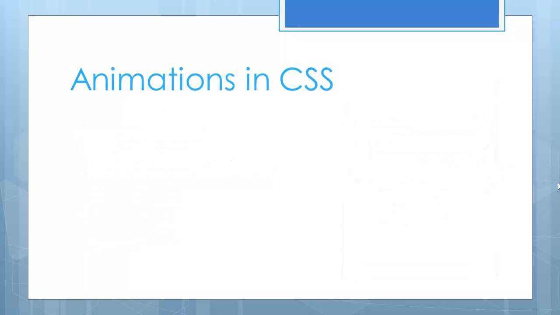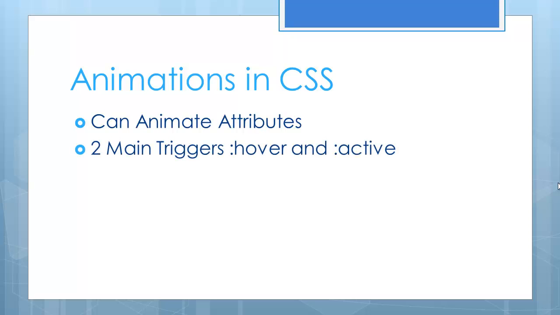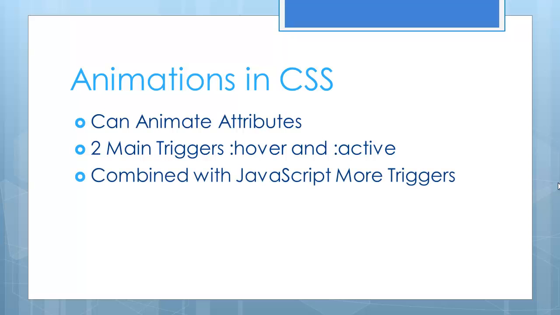Animations in CSS can animate almost any attribute listed before in CSS. There are only 2 main triggers though. The hover, when you hover your mouse over something, or when something becomes focused or active, for example, when you click on a text field.